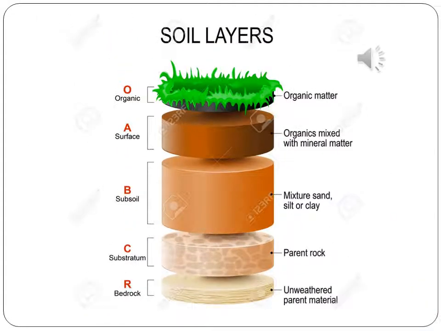Here is a picture of soil showing soil profile. You can see here the different horizons or different layers of soil. I am repeating once again the name of all the layers from top to bottom.